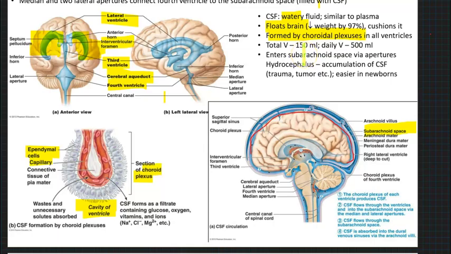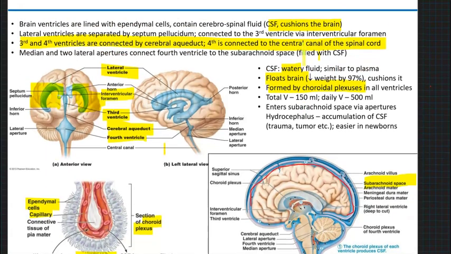Daily, choroid plexuses produce 500 milliliters of CSF. However, it's important to understand that the total volume of cerebrospinal fluid that humans carry is only 150 mils. So it means that somehow cerebrospinal fluid has to drain.